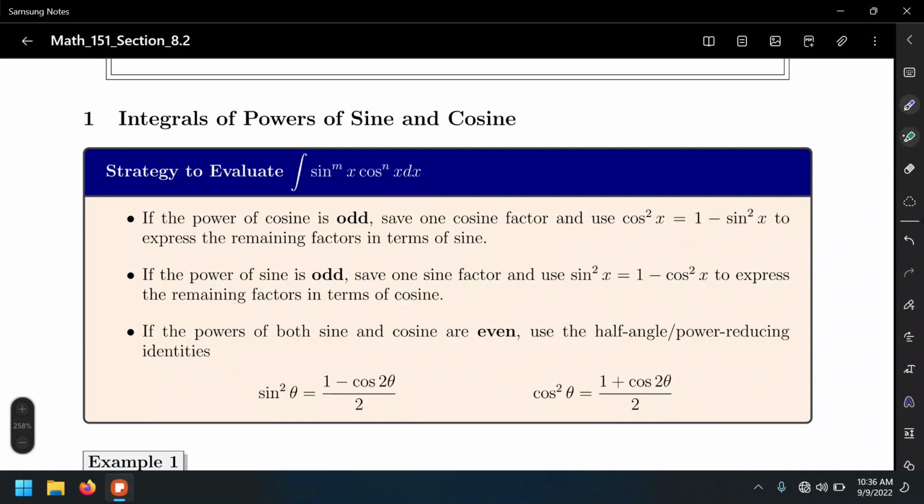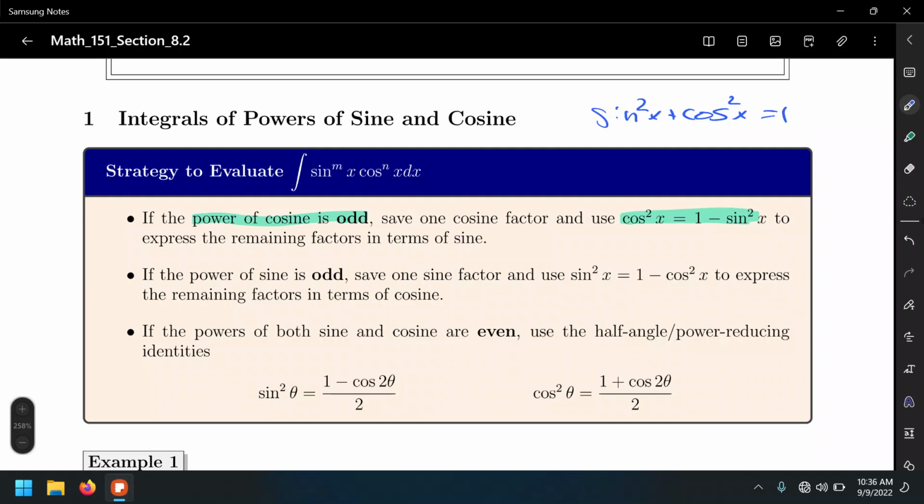In that case, whenever the power of cosine is odd, save one cosine factor and use this trigonometric identity. And well, cosine squared equals 1 minus sine squared comes from the identity that you know by heart: sine squared x plus cosine squared x equals 1. Solve for one trig function or the other.